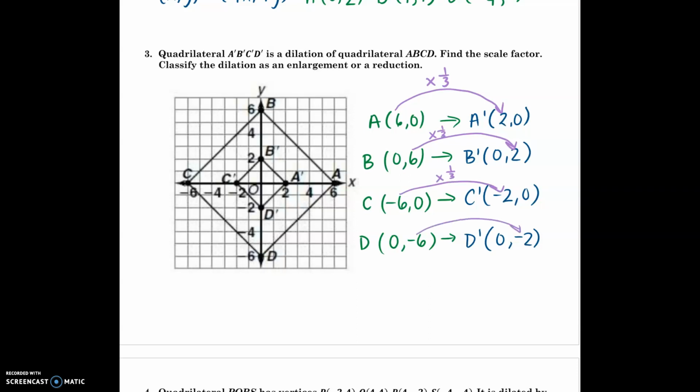And -6 to -2, we again multiplied by 1/3. So we know our scale factor for this dilation is 1/3. Because our scale factor is 1/3, which is between 0 and 1, we know this dilation was a reduction.